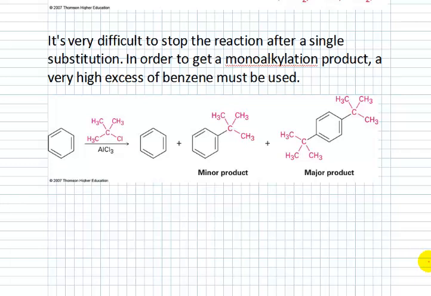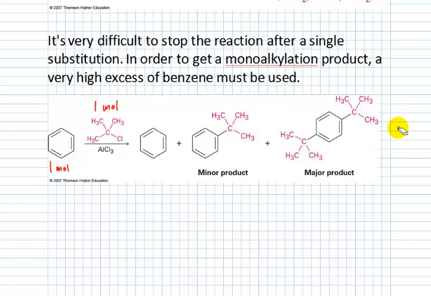The other problem, it's very difficult to stop the reaction after a single substitution. In order to get a monoalkylation product, a very high excess of benzene must be used. So if I used 1 mole of benzene and 1 mole of alkyl chloride, in this case T-butyl chloride, we'll get unreacted benzene, we'll get a little bit of monosubstituted, but a lot of disubstituted.